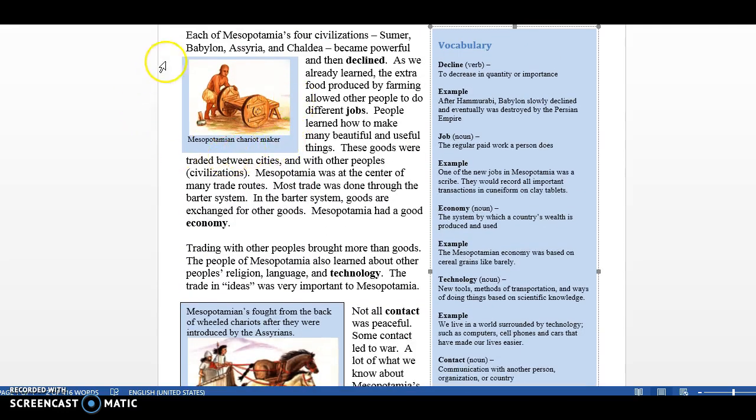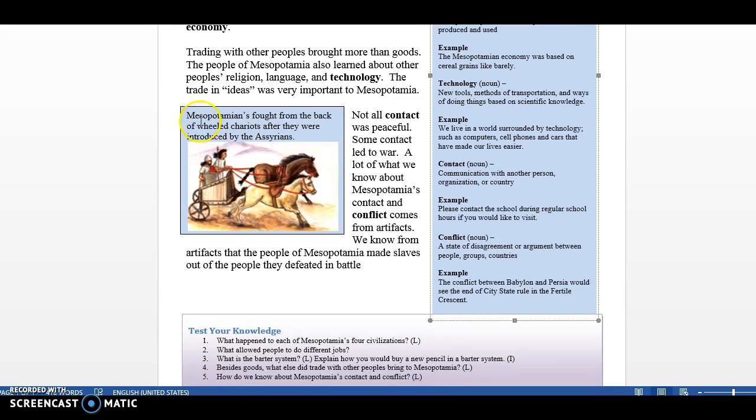Okay, so here you can see a Mesopotamian man making a chariot. So basically a horse would pull this, okay? So this person was doing a job other than farming. He was building a chariot. This one here, a Mesopotamian chariot maker. And then here, you can see the chariot and the horse is pulling the chariot.